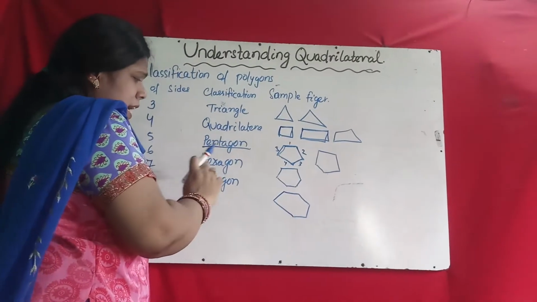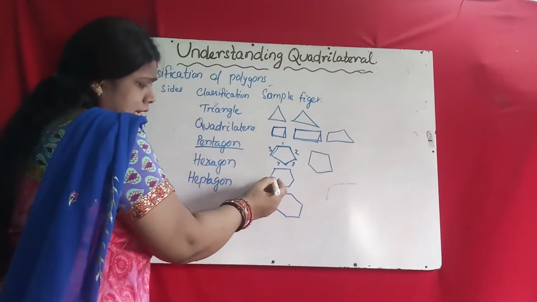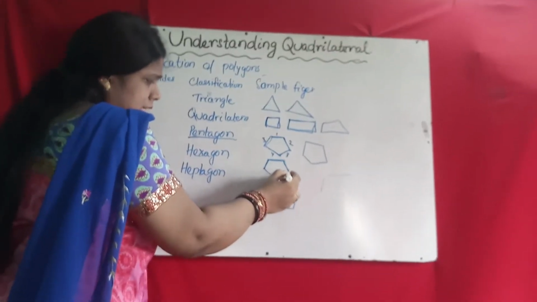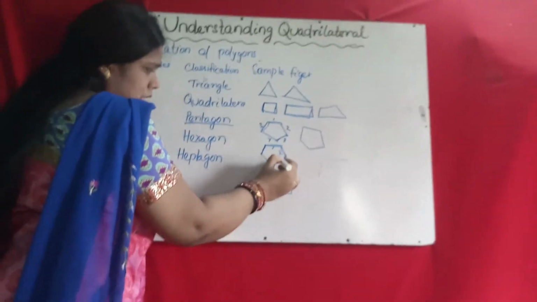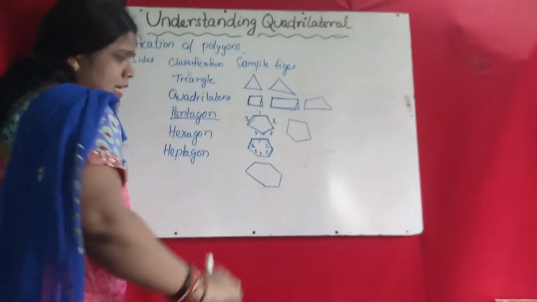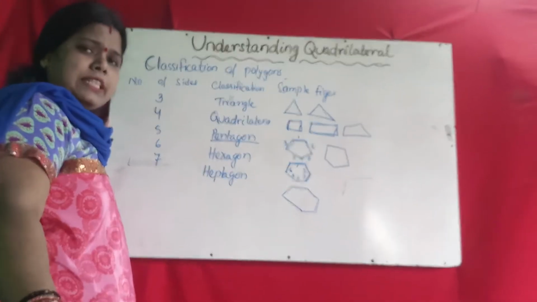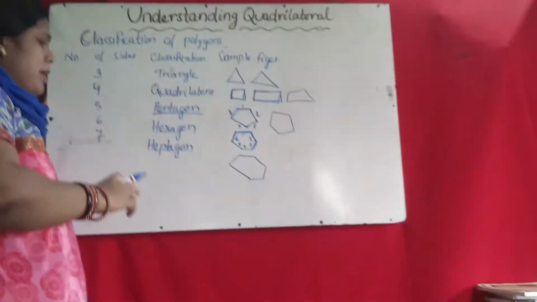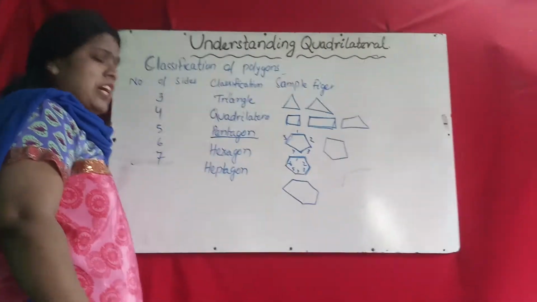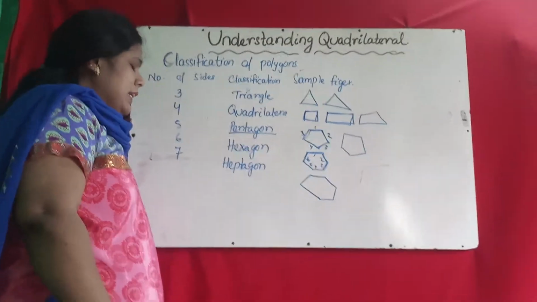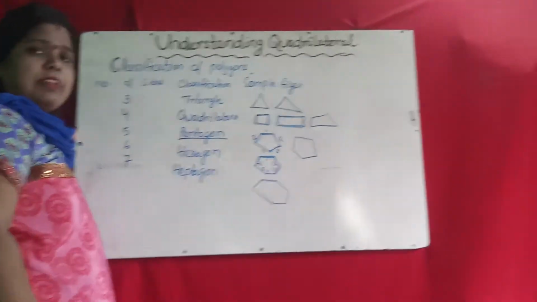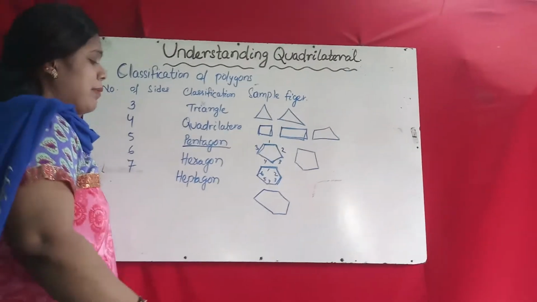Then if a polygon has 6 sides, 1, 2, 3, 4, 5, 6, then it is called a hexagon.